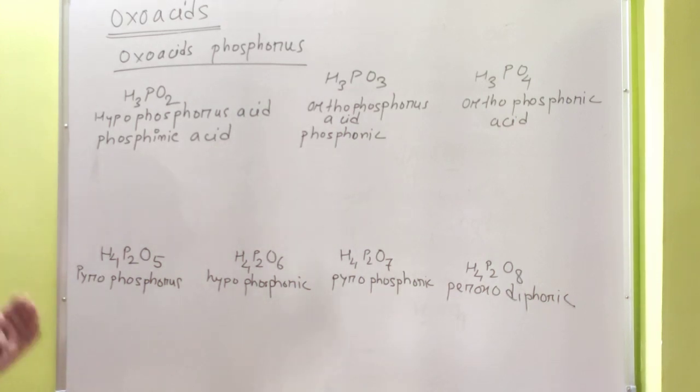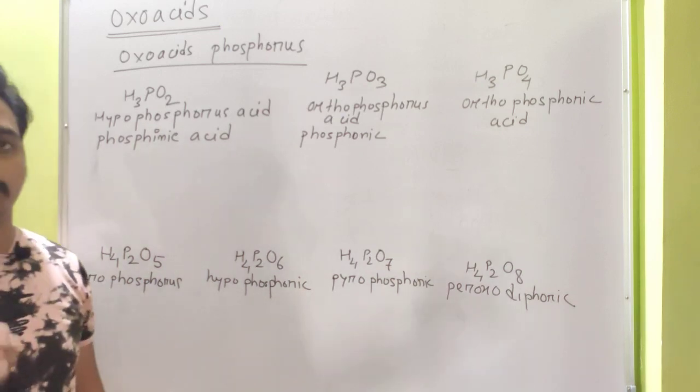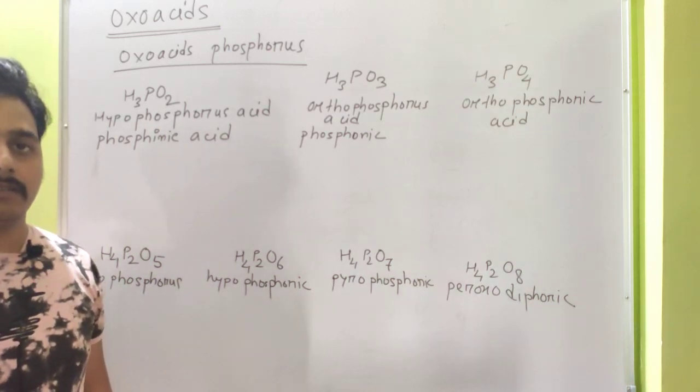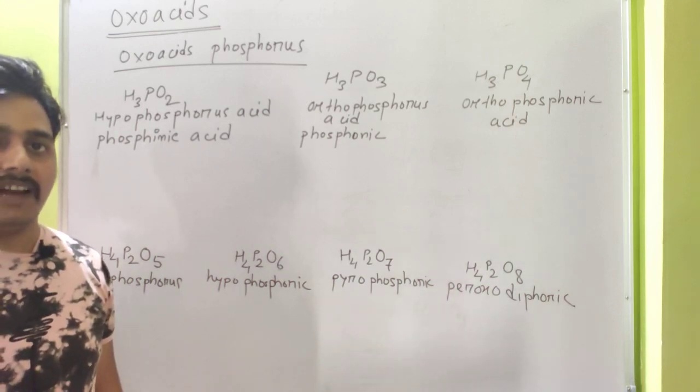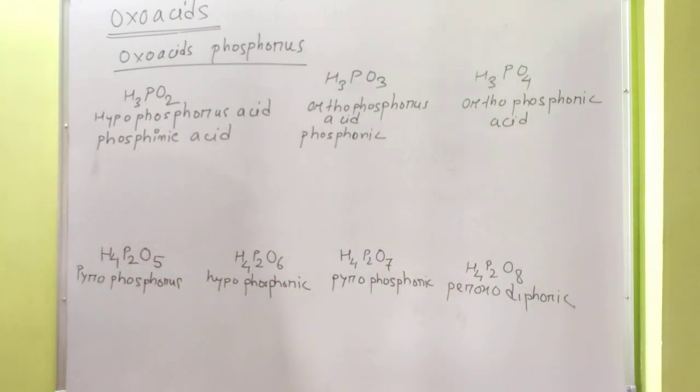It is the easiest way to remember all the oxoacids of phosphorus. There is another oxoacid of phosphorus, that is metaphosphoric acid. I discuss metaphosphoric acid after completing their structures.